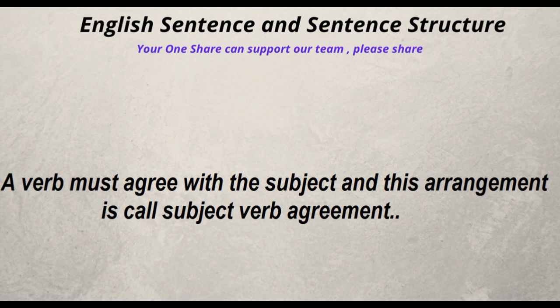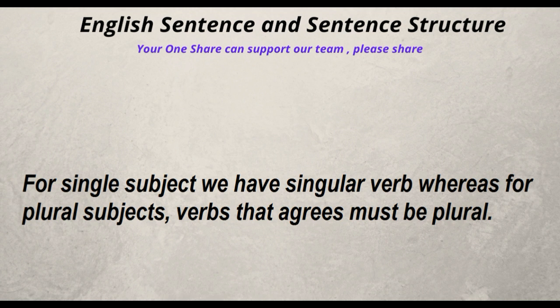A verb must agree with the subject, and this arrangement is called subject-verb agreement. For a singular subject, we have a singular verb, whereas for plural subjects, the verb that agrees must be plural.